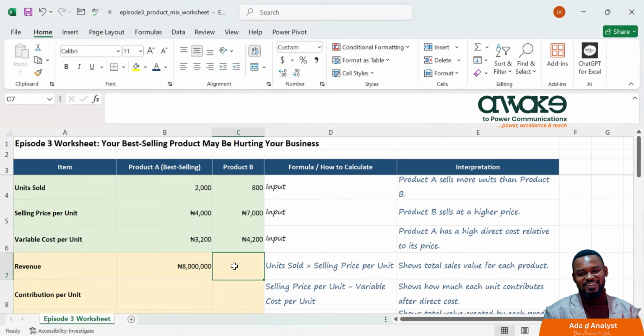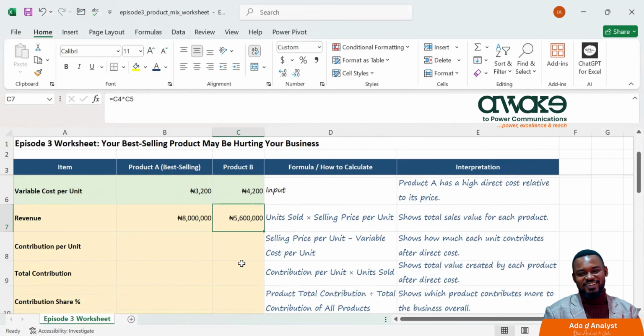Let us look at that for our second product, product B. We'll say equals units sold multiplied by selling price per unit. You can see we have 5.6 million. So from revenue alone, we could say that product A, which is best selling, has a higher revenue compared to product B. But let's keep going.